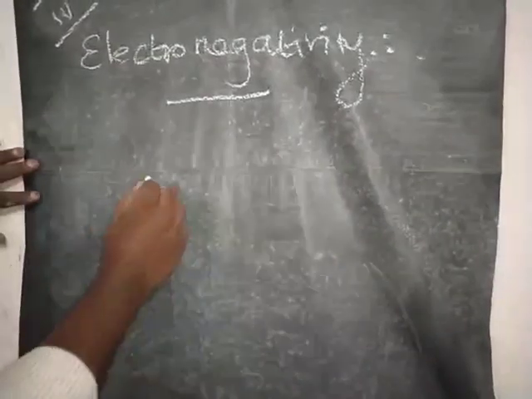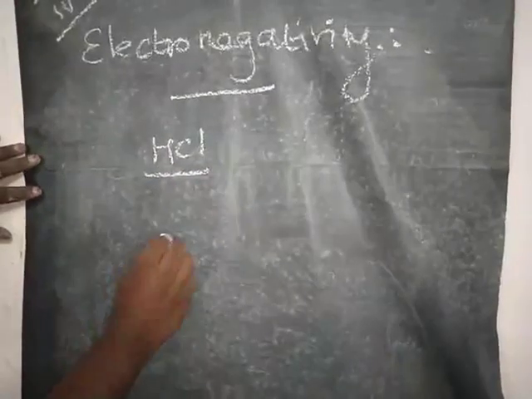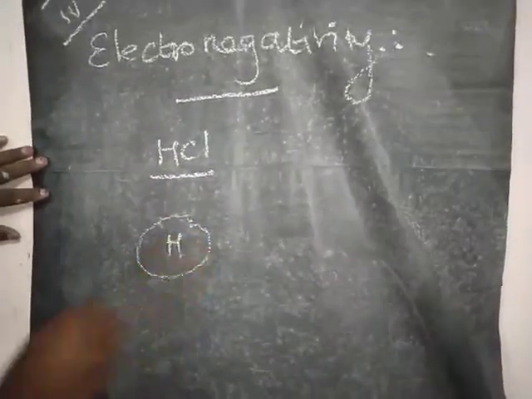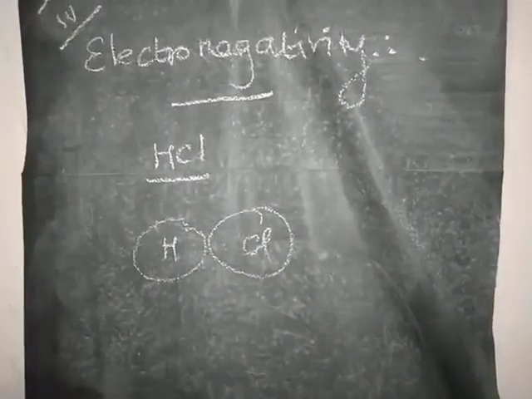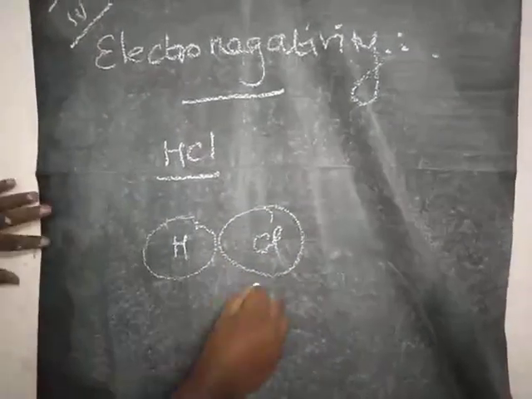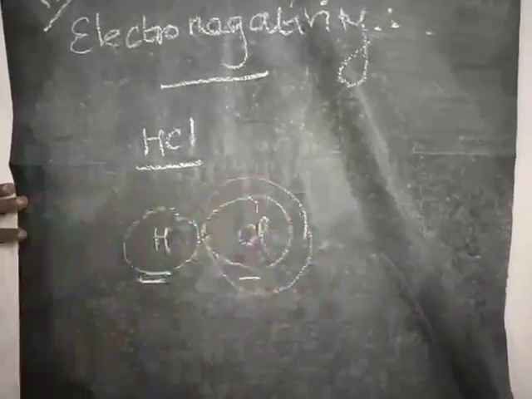For example, take hydrogen chloride, HCl. Which one has the more electronegative power? Chlorine, when compared to hydrogen, has more power.